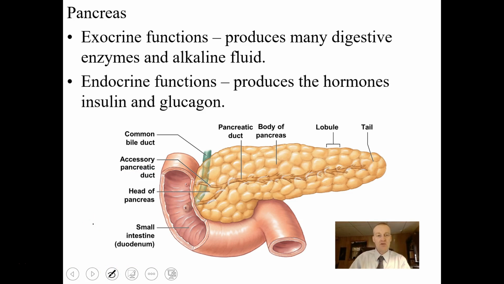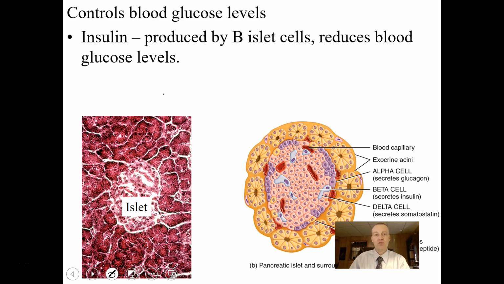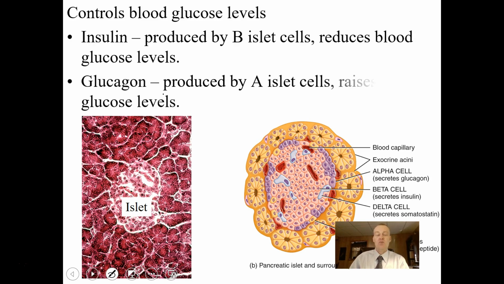The endocrine functions include making the hormones insulin and glucagon. These are really important hormones. One of the jobs of the pancreas is to control blood glucose levels. It produces insulin, which is produced by the beta islet cells.